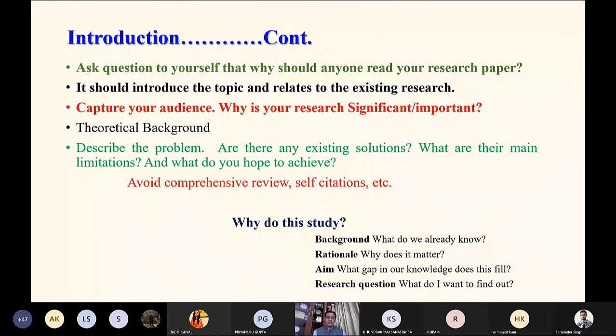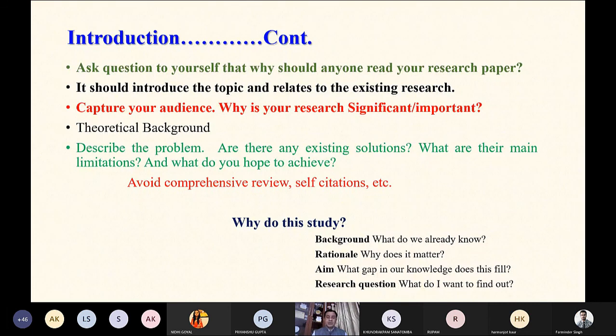If you have the answers to all these questions, you will be in a better place to write the introduction section. But if you are not able to identify the reasons for conducting a research, then you would not be able to write an introduction section, because it is the introduction section that indicates the reasons for conducting the research.